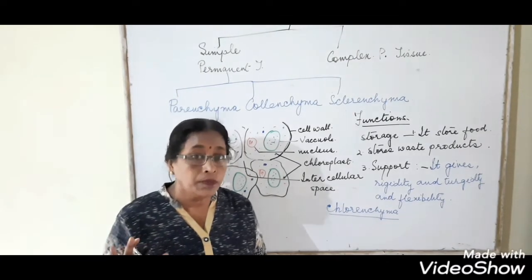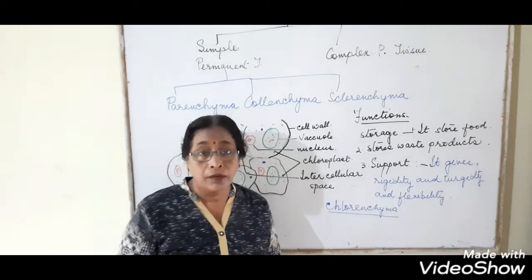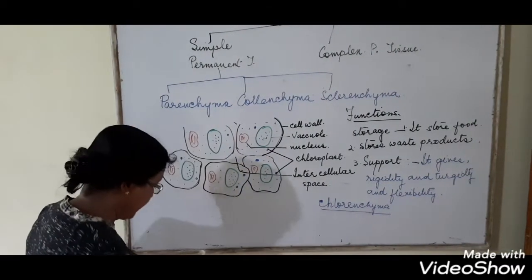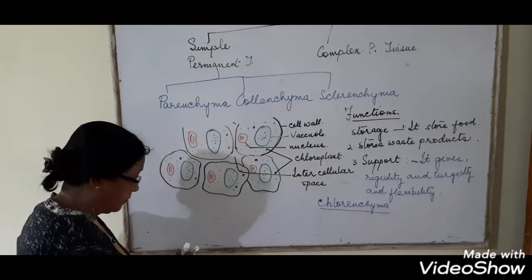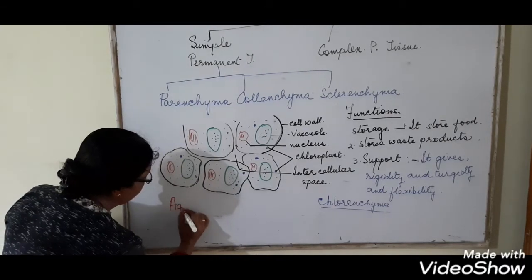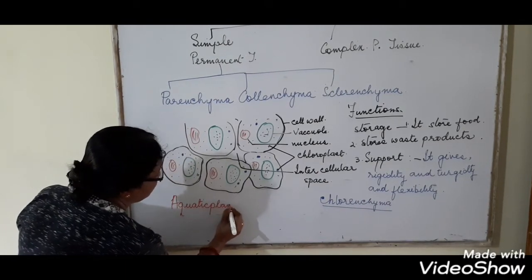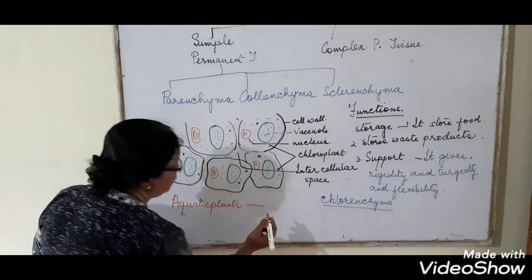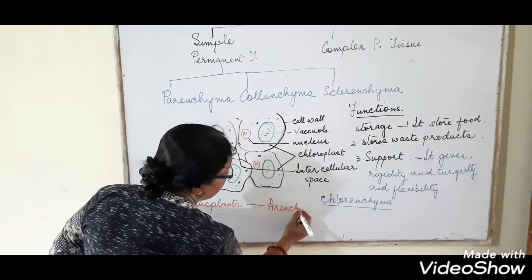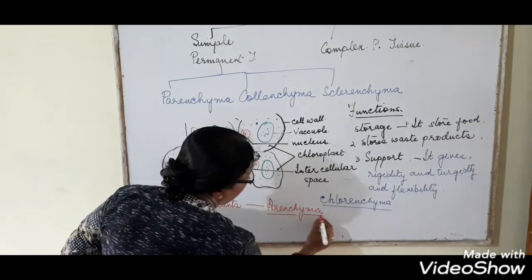If they are found in aquatic plants, at that time they are known as aerenchyma because they have got air cavity.